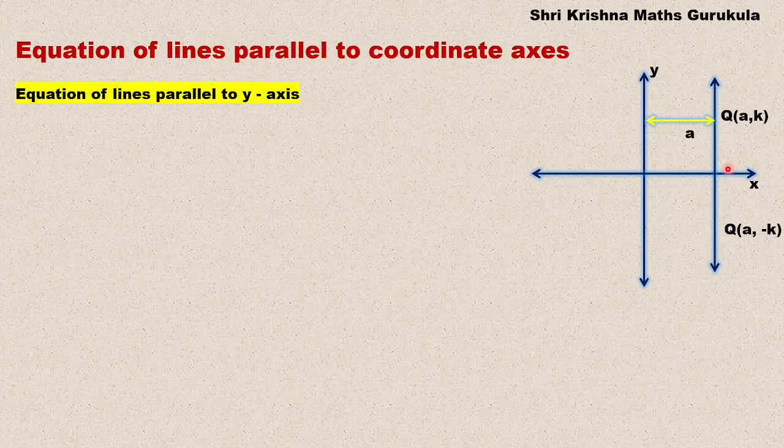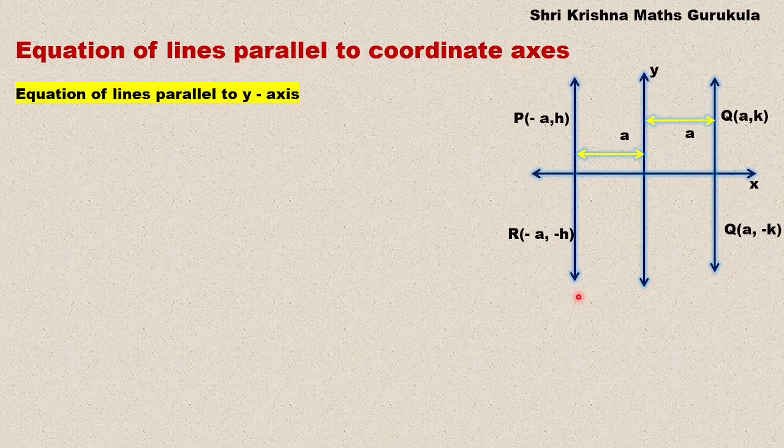So it's like this. Now consider a line parallel to the y-axis, which is again at a distance of a units but to the left side of the y-axis. So this is minus a comma h. Correct? It is at a distance of a units but to the negative side of the x-axis. So the x coordinate will be minus a. Here again, you consider any point on this line, the x coordinate will be equal to minus a.